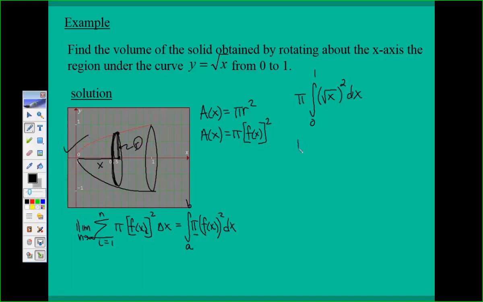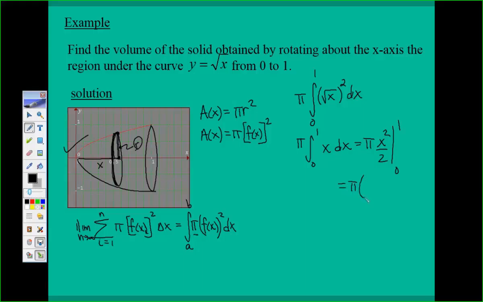This simplifies into x dx. So if we take the antiderivative, we would get x squared over 2 evaluated from 0 to 1.